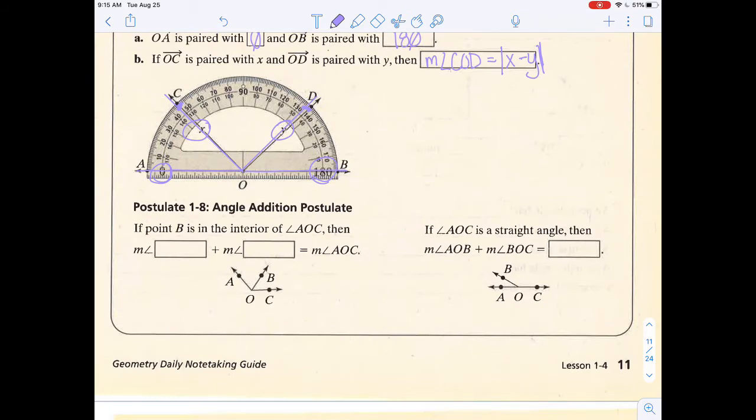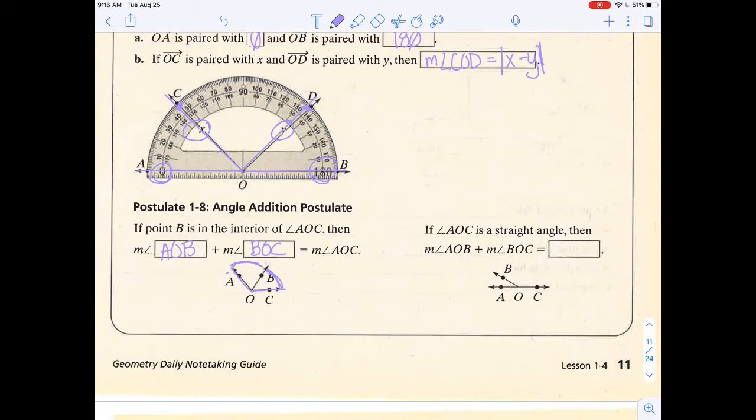Okay, angle addition postulate. If point B is in the interior of angle AOC, so as it looks like down here, we've got angle AOC right here, and point B is between them. Then the measure of angle AOB, so from here to here, this angle, plus the measure of angle BOC, so that's this angle down here, if you add those together, you get the measure of the whole angle AOC.